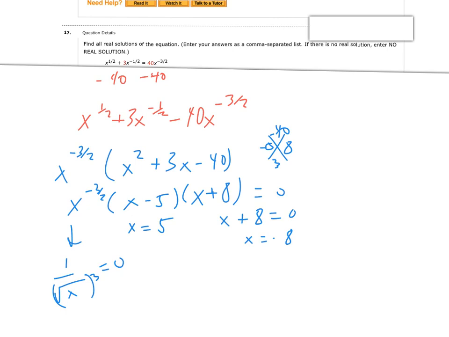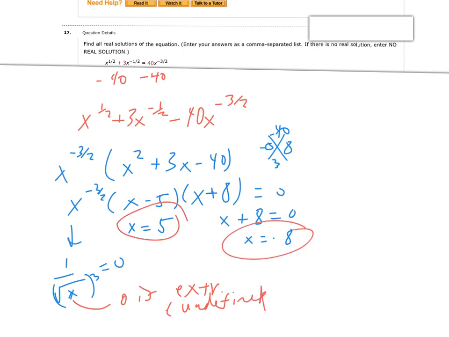Now you can see as I multiply that over, it's just going to say 1 equals 0, which is obviously not true. Or the other way you can think about it, usually when you GCF here, x equals 0, but in this case 0 is extraneous because it is undefined. So I'm not going to include 0 as an answer. We just have 5 and -8.